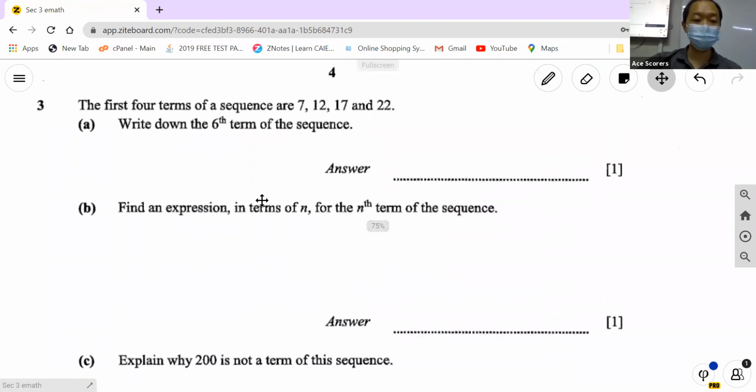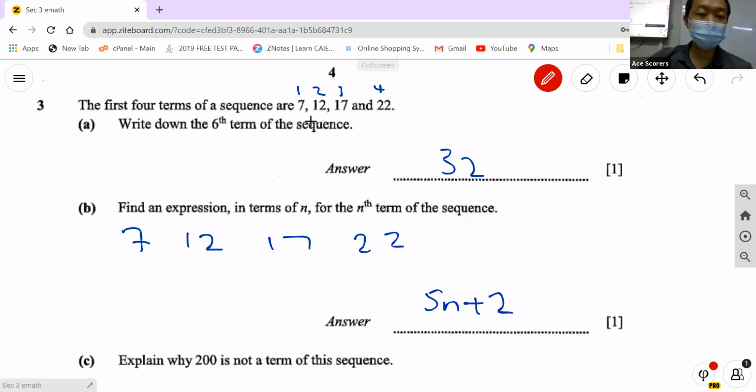Okay, next. Please try this. For sequence questions, the most difficult question usually is this type, where you need to find the nth term of the sequence. The nth term of the sequence always follows a pattern.